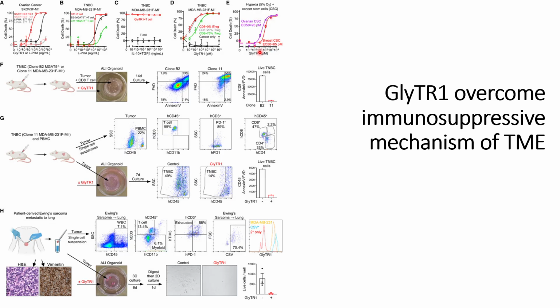That can be seen here. Even at concentrations of picomolars, they see cell death even in hypoxia conditions. This indicates that GlyTR1 can overcome most of the immunosuppressive mechanisms or factors in the tumor microenvironment.